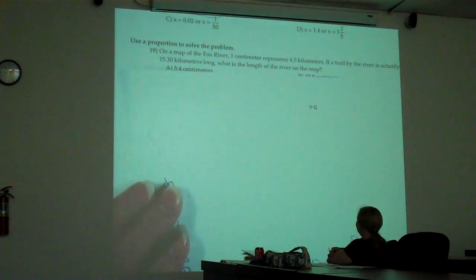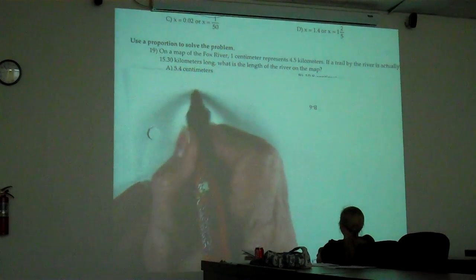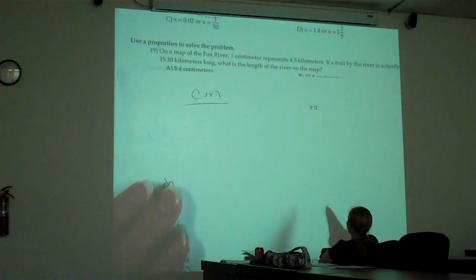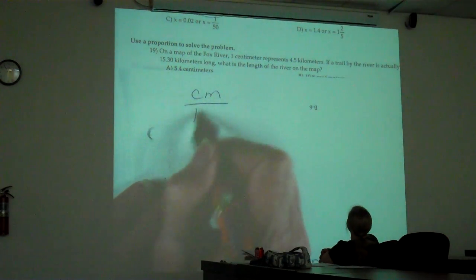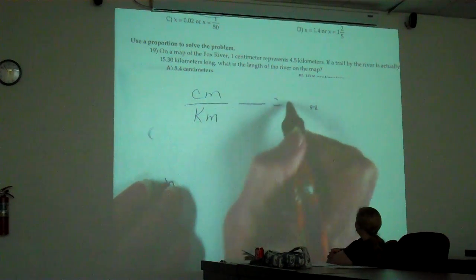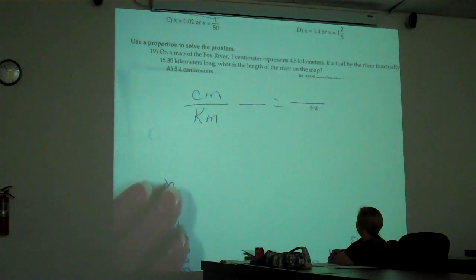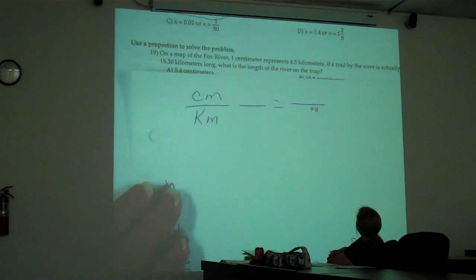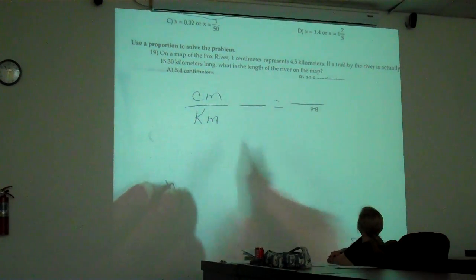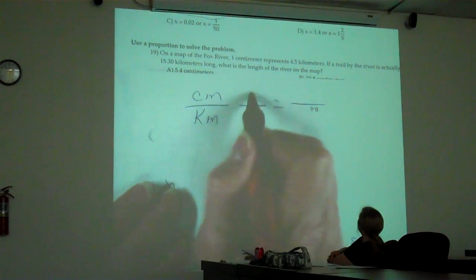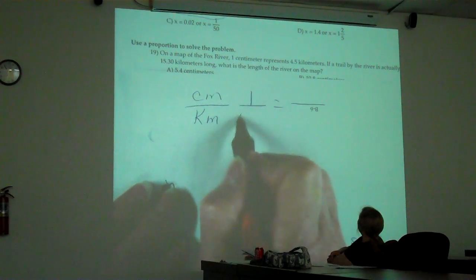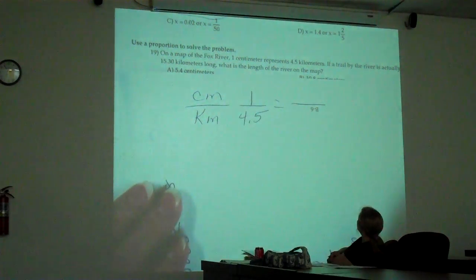What are the two units? Centimeters and kilometers. That's what you're going to do when you have a word problem. See what the numbers represent. So we have 1 centimeter represents 4.5 kilometers.